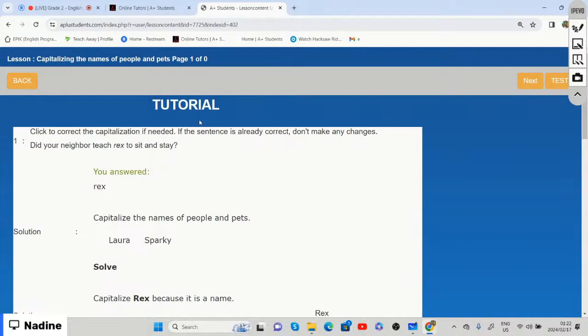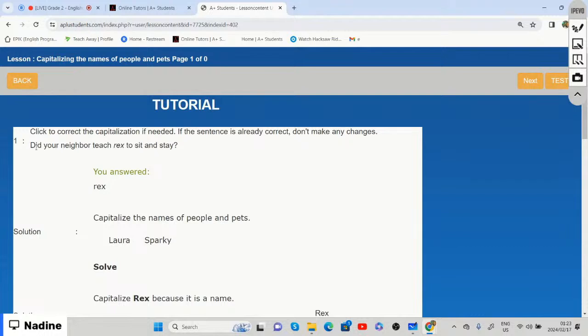If the sentence is already correct, then don't make any changes. So if the sentence is correct, we're not making any changes, right? But if it is incorrect, then we will underline it and we will then, for example, write the correct answer.